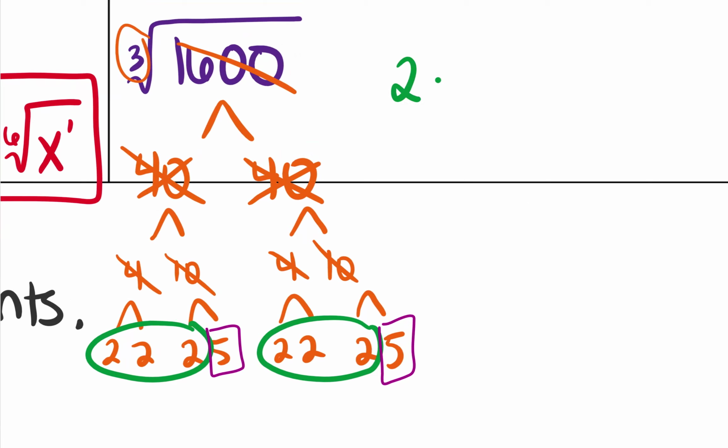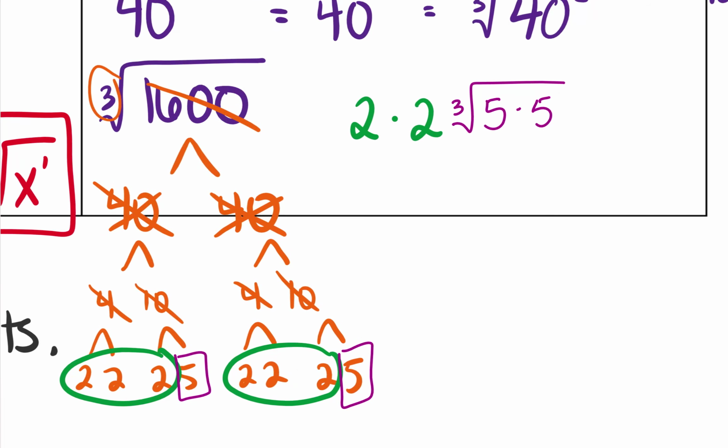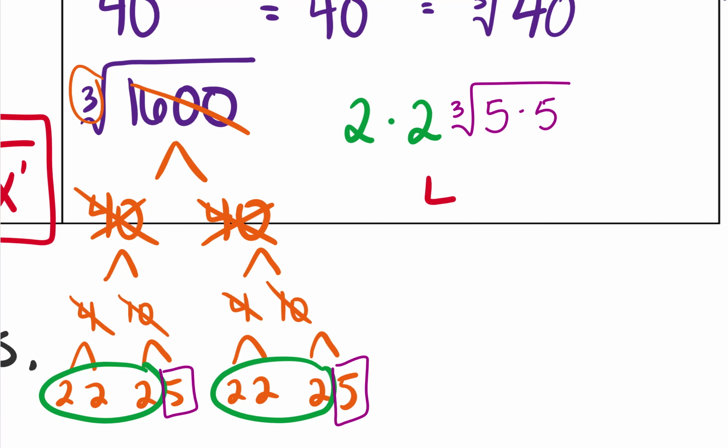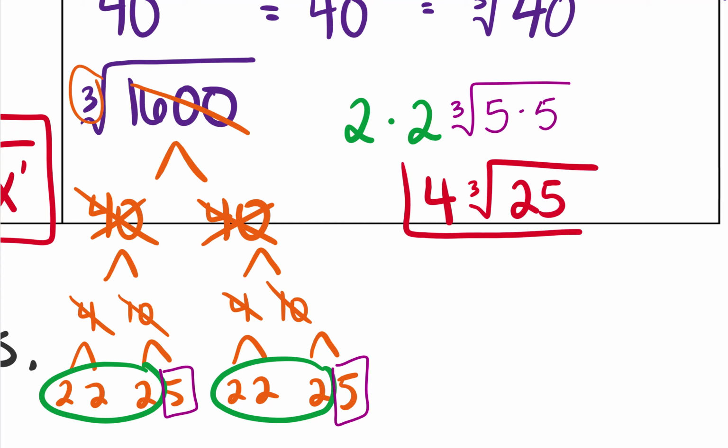So I have two 2s, because I have 2 groups. And then I have two 5s. My index is 3, and I do first number times second number. If you have more than one number, you always multiply. So for my final answer on this one, I do 2 times 2 is 4, cube root of 5 times 5 is 25. That would be my final answer.